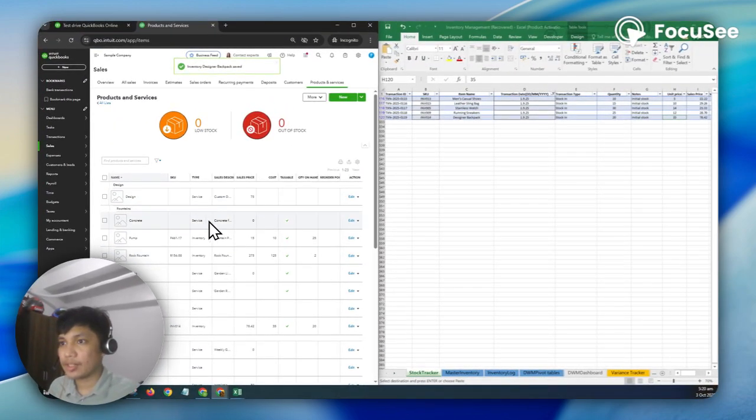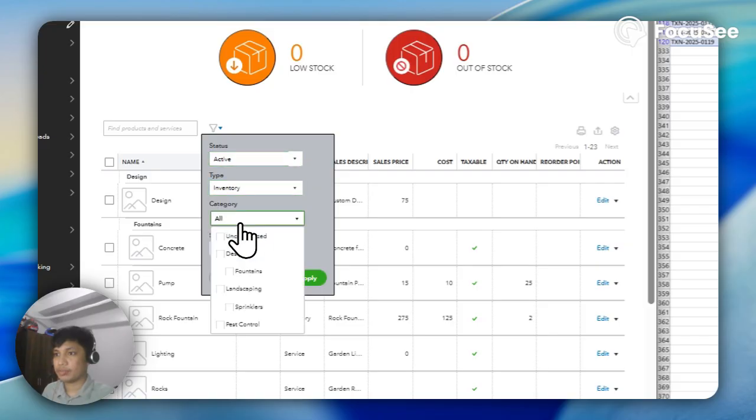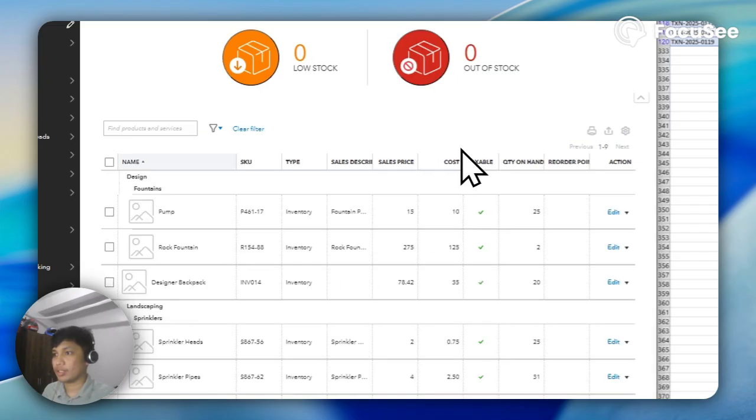And now let's take a look. Category type, inventory, low stock, active, apply.